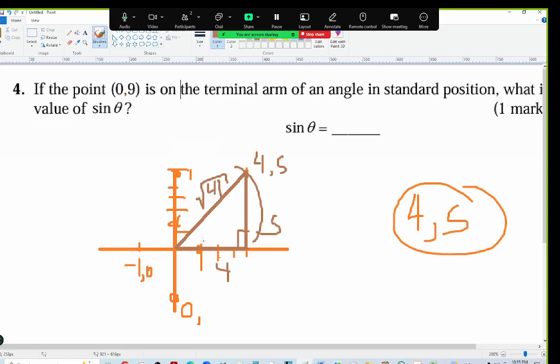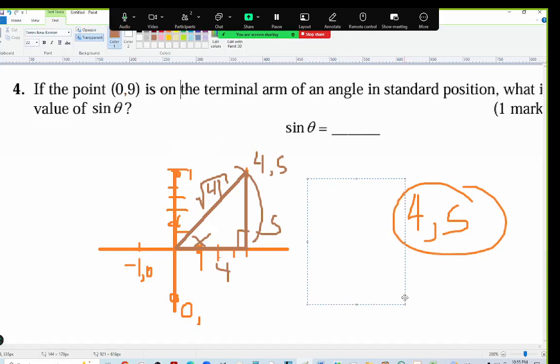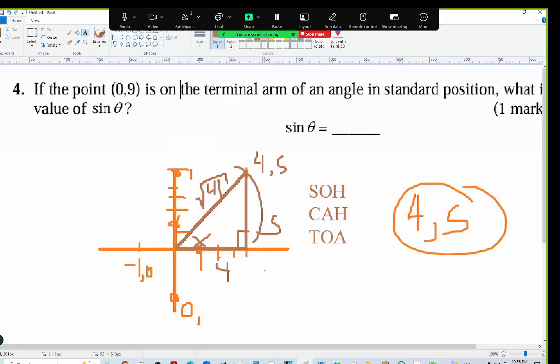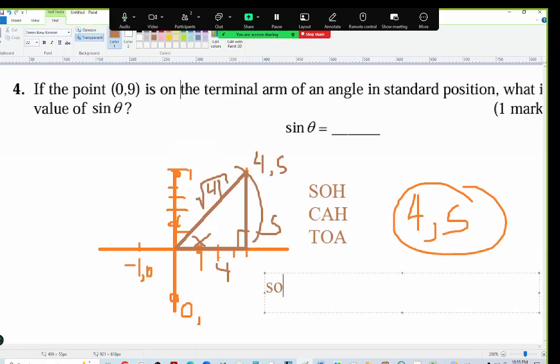Now whatever this angle is, let's call it x, I can figure out using SOHCAHTOA what its sine is. So what is sine of x? It is 5 over square root of 41.